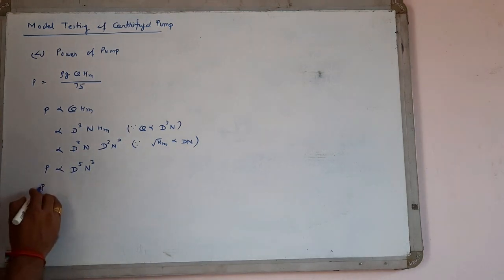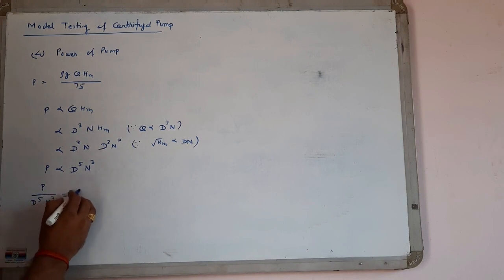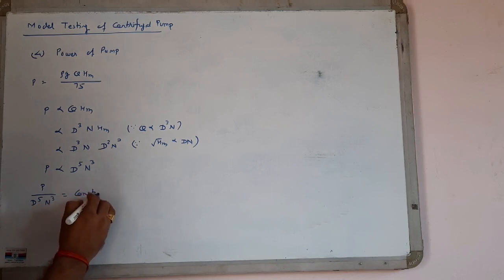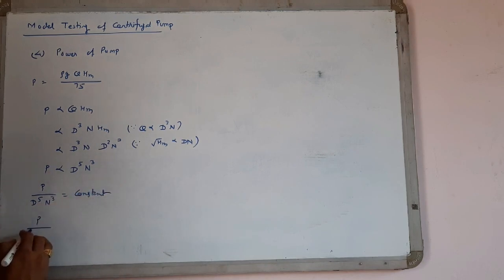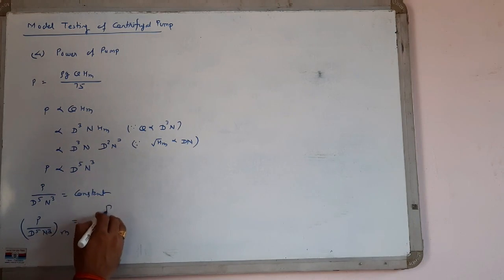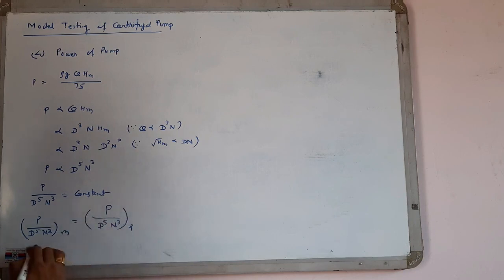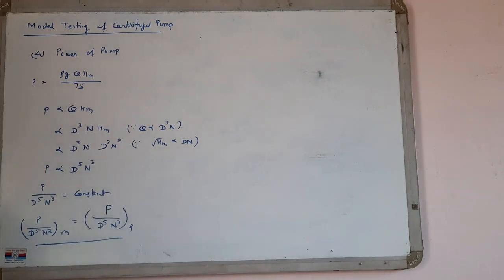So P by D to the power 5 N to the power 3 is constant. So P by D5 N3 of model equals P by D5 N3 of prototype. These are the equations for model testing of the centrifugal pump.